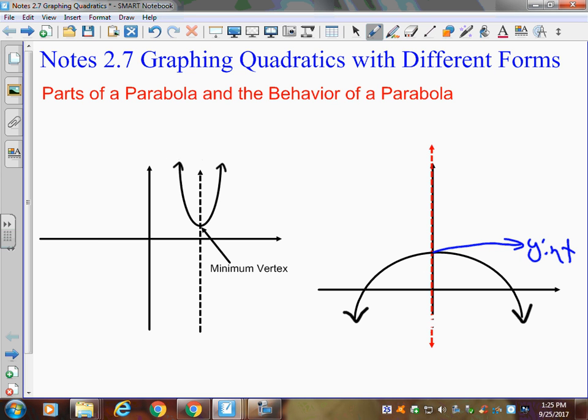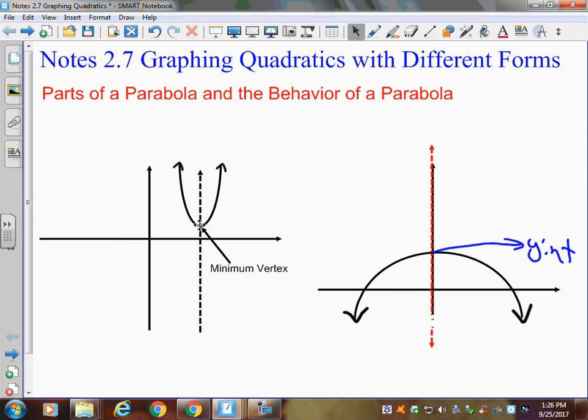The y-intercept is important. This one will have one eventually. It just doesn't have one because I drew it so small. Every one of them's got to have a y-intercept. It's just some of them might be a really huge number if it goes way off the graph before it crosses the y-axis, like this first one would have to go way off the graph.